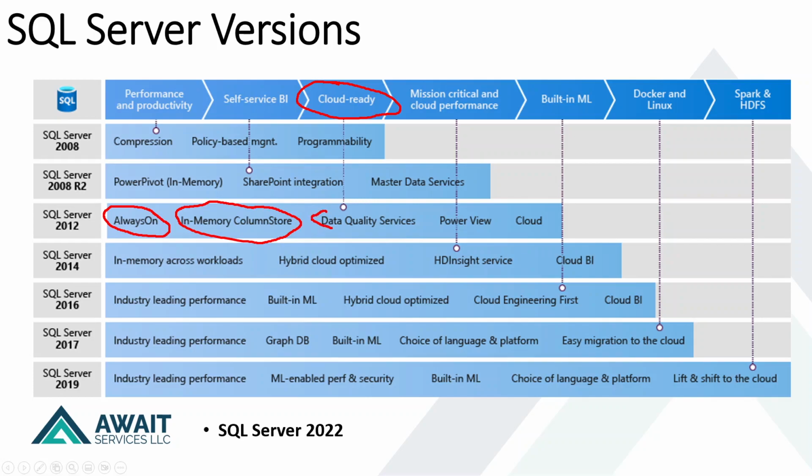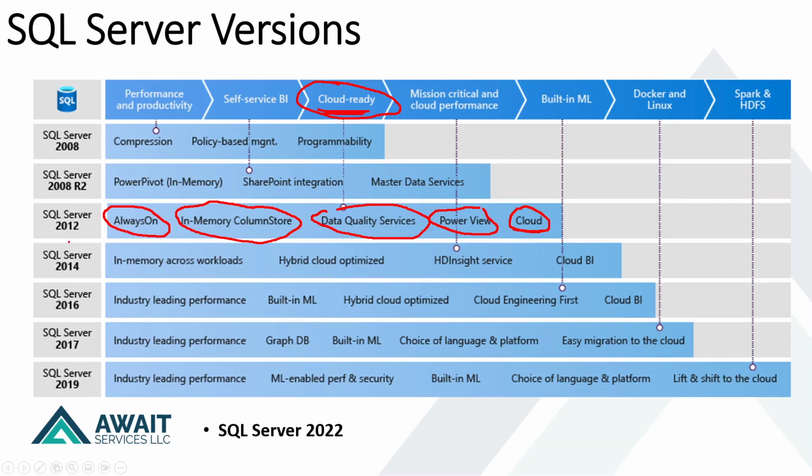And there's Data Quality Services. There's Power View. And then we had the opportunity of cloud services, and that is why it's called Cloud Ready. So this was the first version where we had the opportunity of cloud services in SQL Server.